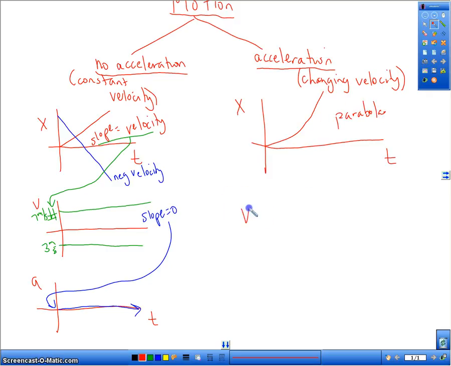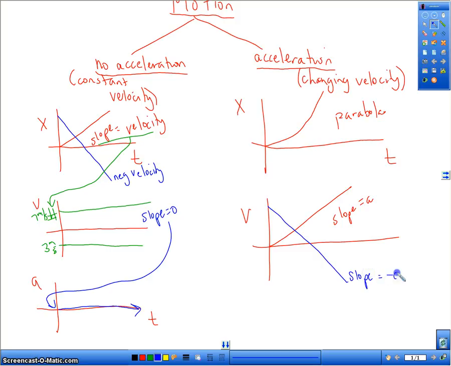And when we plot the velocity time graph, if the object is speeding up, the velocity time graph will be plotted as a straight line whose slope is the acceleration. If the object is slowing down, it's plotted as a negatively sloping line whose slope is also the acceleration, but the negative of it, because it's slowing down.